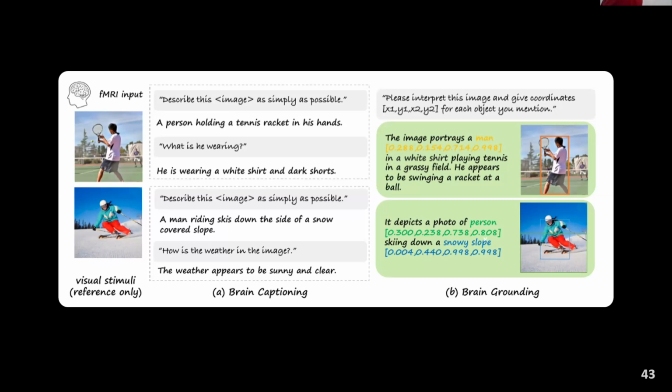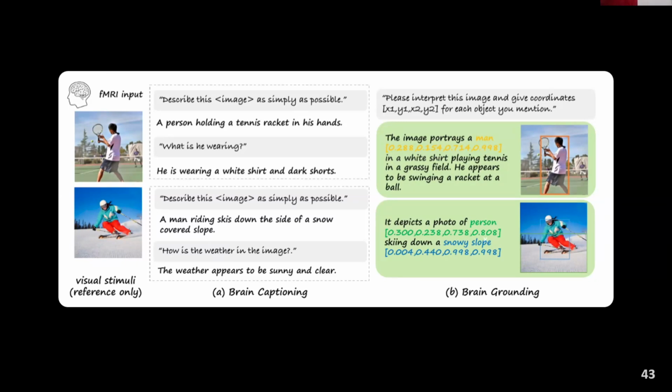We can ask our model, describe this image. Image here represents the image embedding, not the image itself. We don't have the image, so it's an alignment of the fMRI embedding. So, describe this image as simply as possible. And from the fMRI, the model is able to say that it's a person holding a tennis racket.